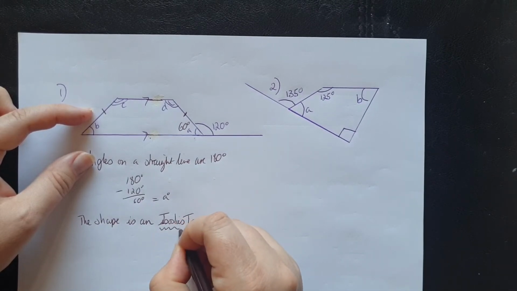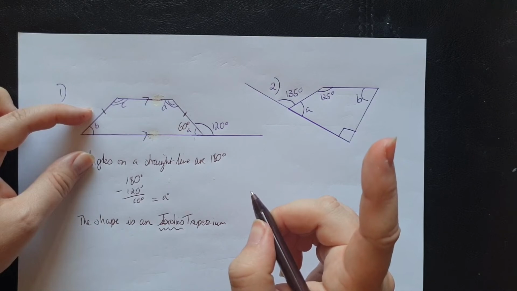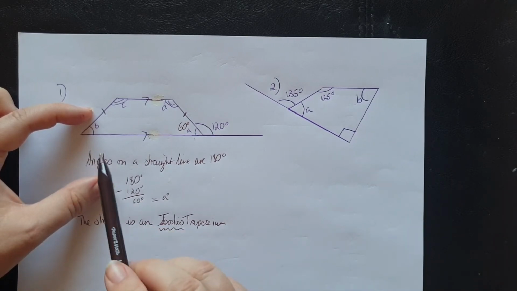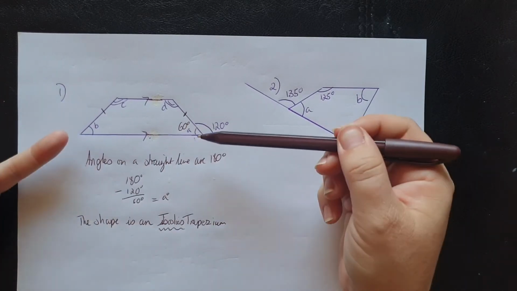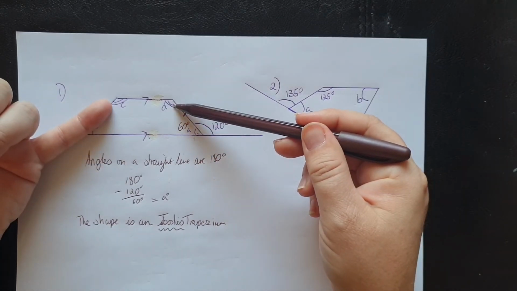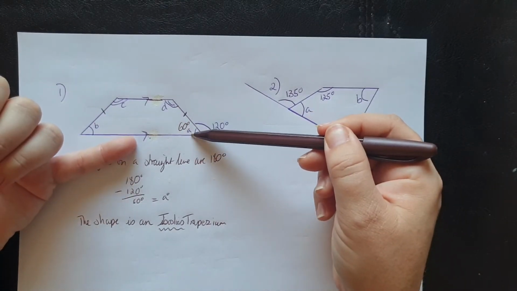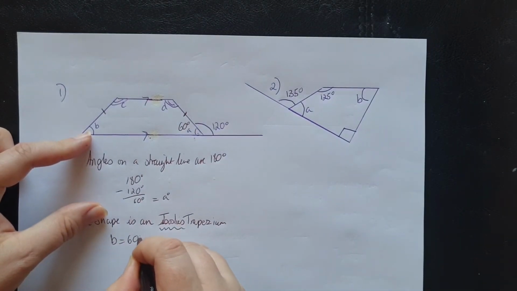I need to double check how you spell isosceles again. We'll get that corrected. So, if it is an isosceles trapezium, we therefore know that those two angles are equal, those two angles are equal. So if A is 60, B must also be 60 degrees.